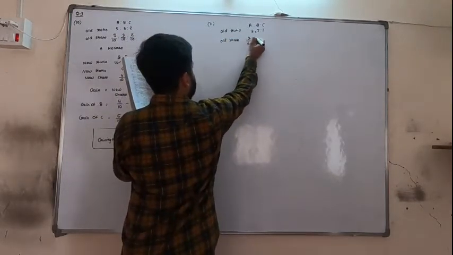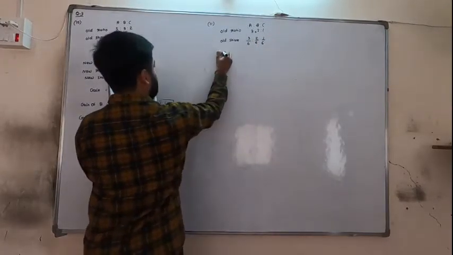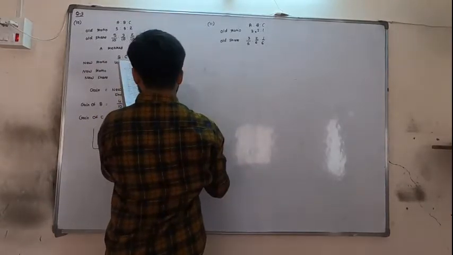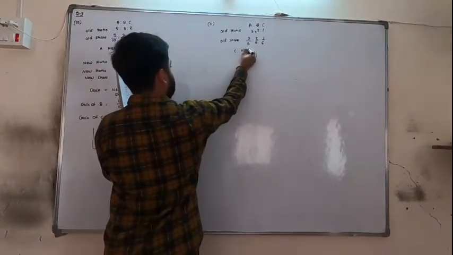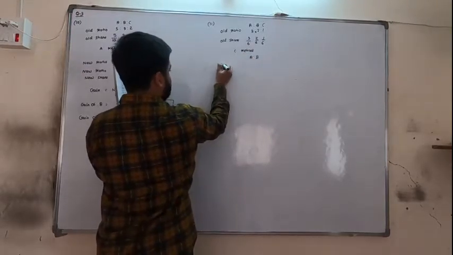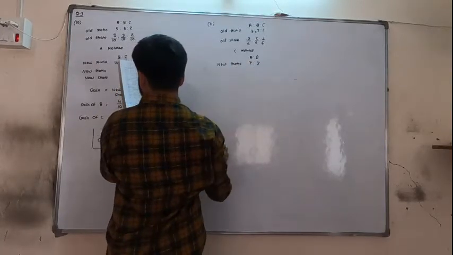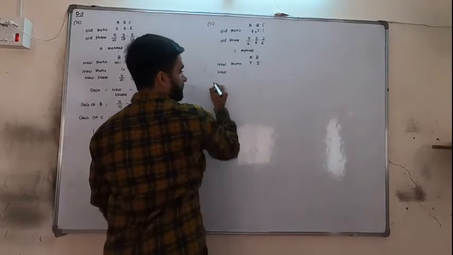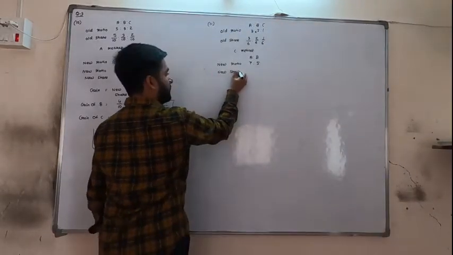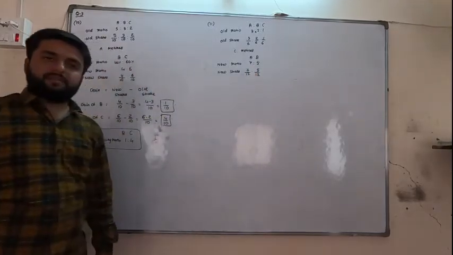Old share 3 by 6, 2 by 6, 1 by 6. Okay, first, who retires? C retires. A is to B, new ratio 7 is to 5. New shares 7 by 12, 5 by 12.